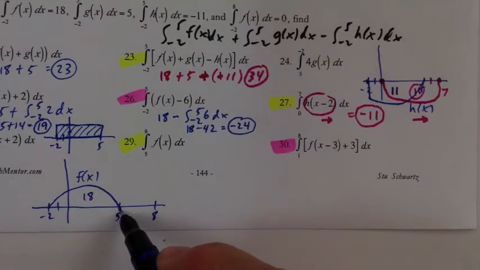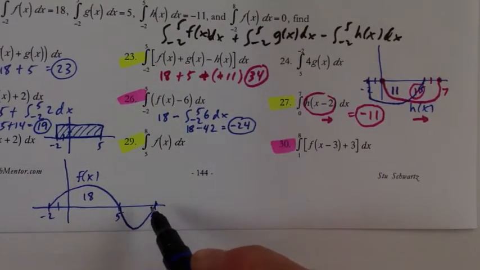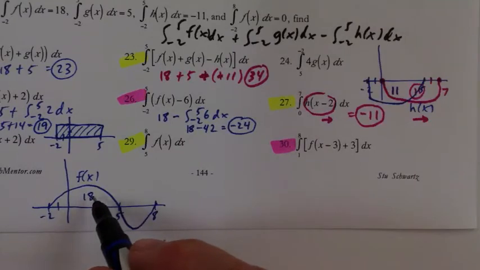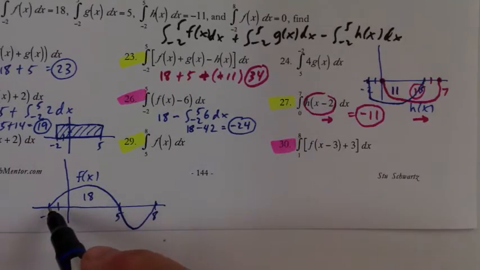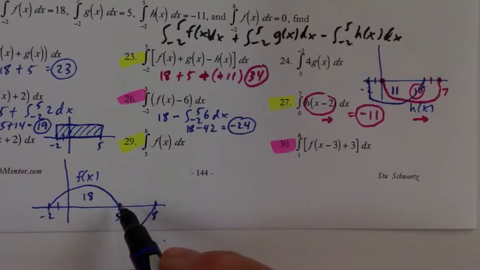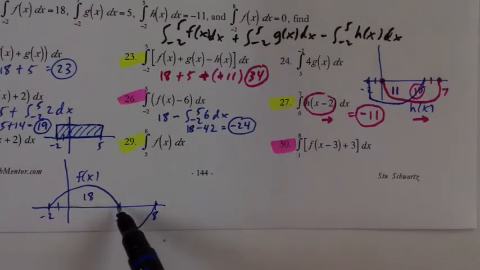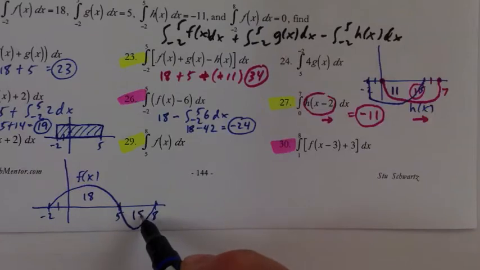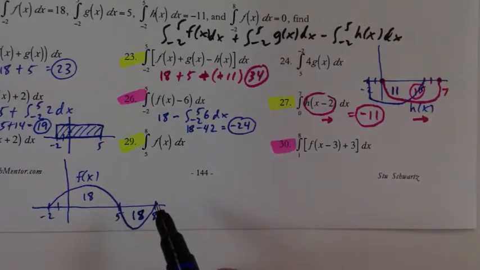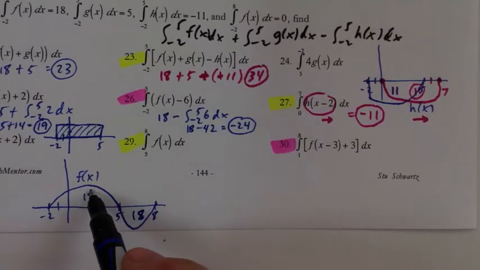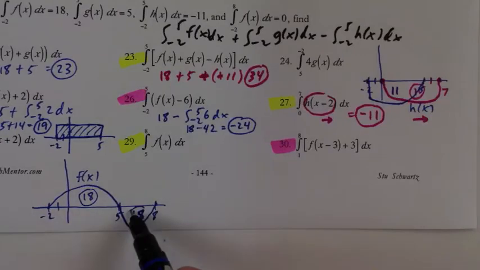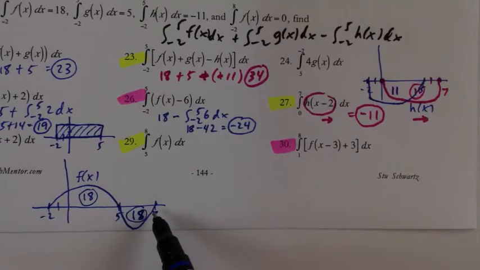So from 5 to 8 has to counterbalance or negate what we accumulated from negative 2 to 5. So if we accumulated 18 units from negative 2 to 5, we have to lose 18 units from 5 to 8. So the area between negative 2 and 5 is 18. The area between 5 and 8 is also 18, but underneath the x-axis.